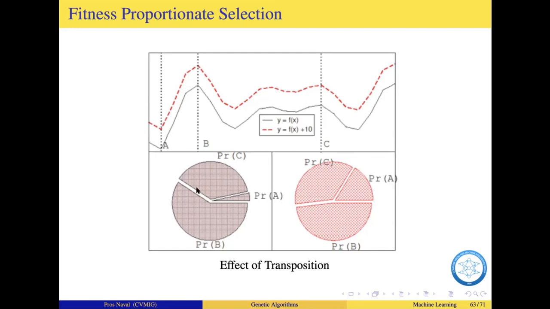Now it's going to be a bit of a bias against this part here, B. So this will affect the probability of B being chosen, and all the rest, of course. That's because of function transposition.